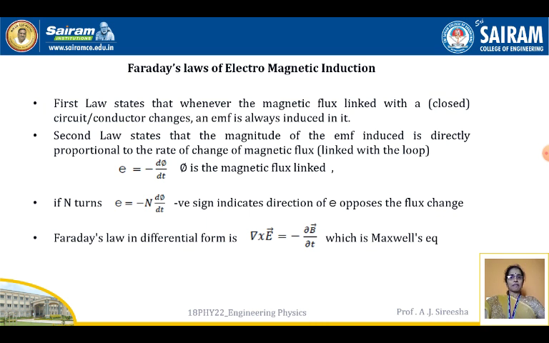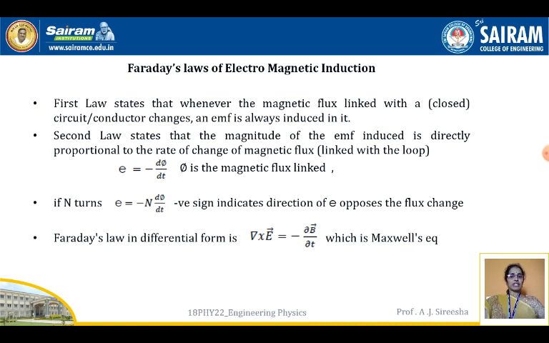Now next we see Faraday's laws of electromagnetic induction, which we have seen in our lower classes. The first law states that whenever the magnetic flux linked with a closed circuit or a conductor changes, an EMF is induced in it.